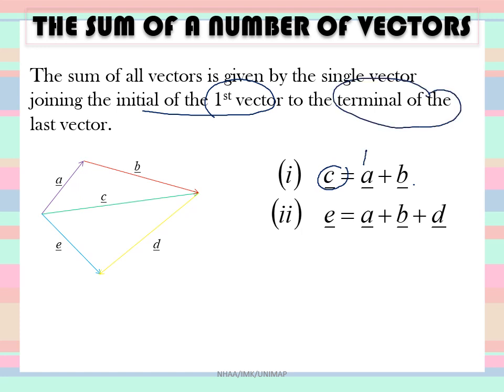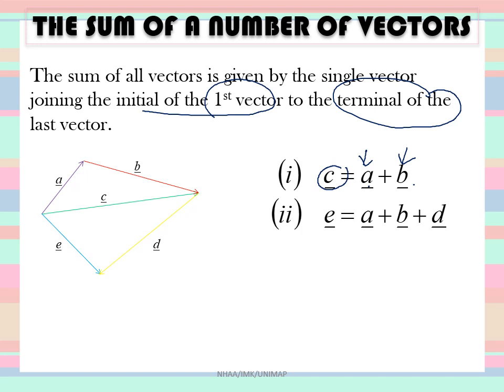So this is the first vector, this is the second vector. So C is the resulting vector from the summation of A and B, where C is formed by joining the initial of A to the terminal of the vector B.